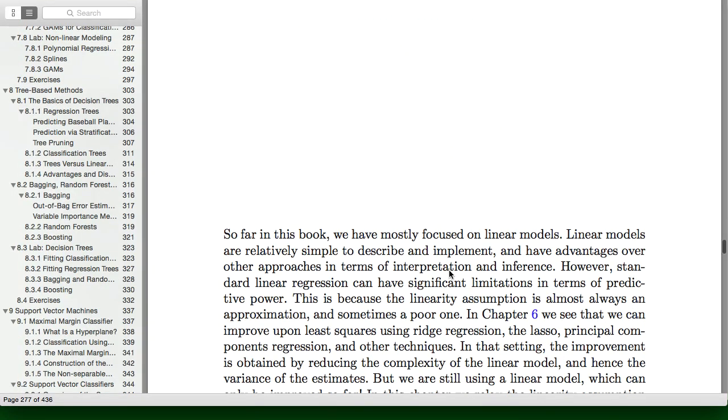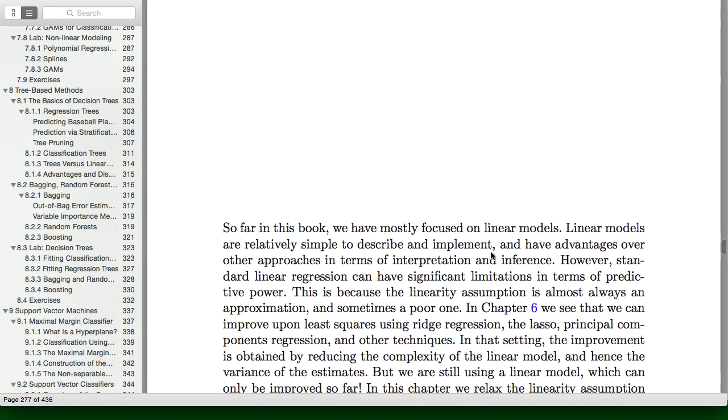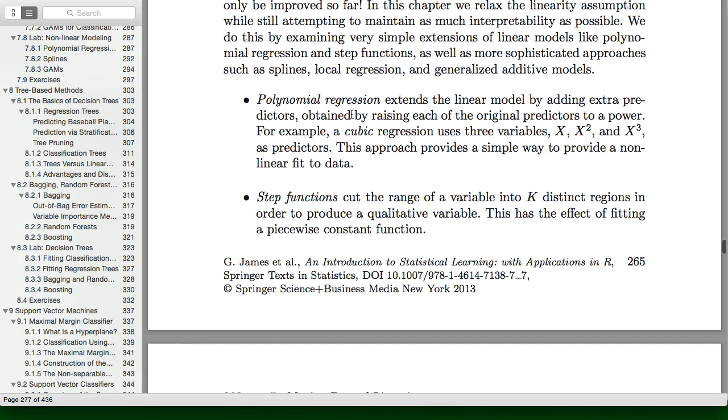Okay, so we've mostly done linear models till now. We did a little bit with polynomial regression. If you recall, in an earlier chapter, we predicted miles per gallon on the basis of horsepower squared, among other things. And that's an example of polynomial regression. And the polynomial could be x squared or x cubed or x to the fourth.